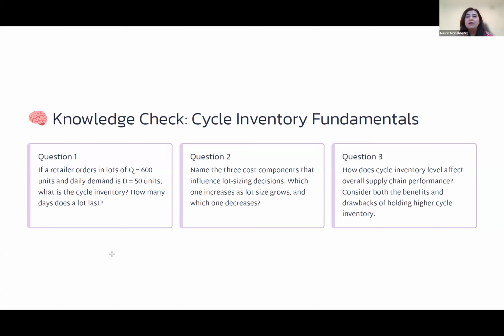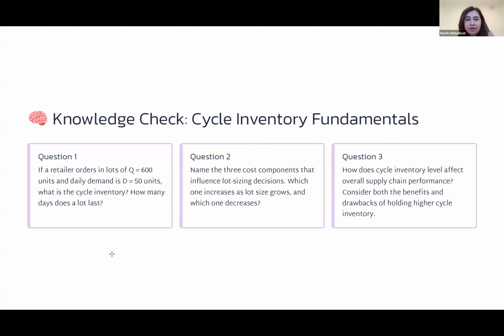We talked about the formulation of calculating cycle inventory and also how many days a lot lasts. So I'm not talking about average flow time. I'm talking about how long that 600 units will last in the system, not the average.